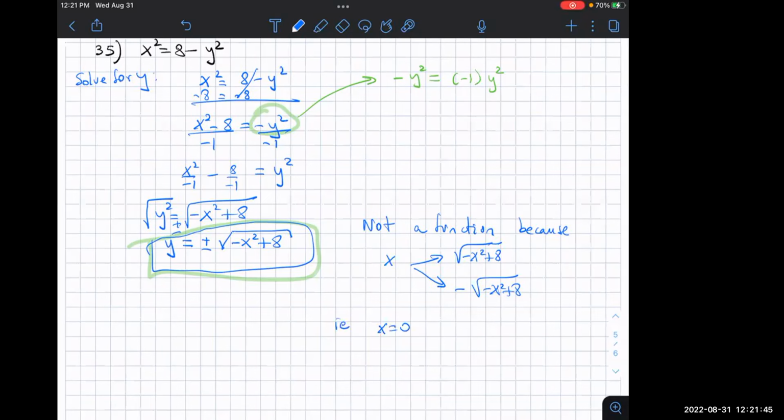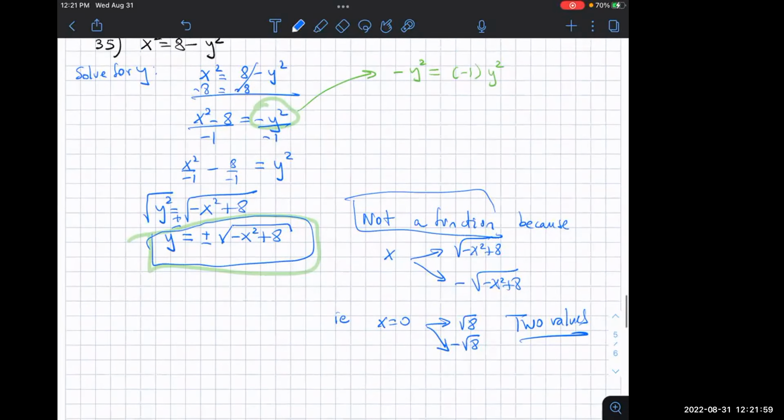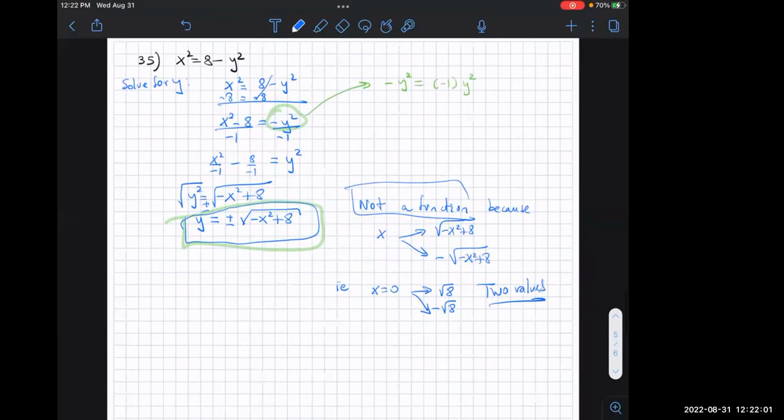Then 0 goes to square root of 8 and negative square root of 8. Two values. Not a function. We got the plus or minus because we took the square root, and we took a square root because of this x squared, y squared. So if you have a y squared, that might be a little hint that it cannot be a function.